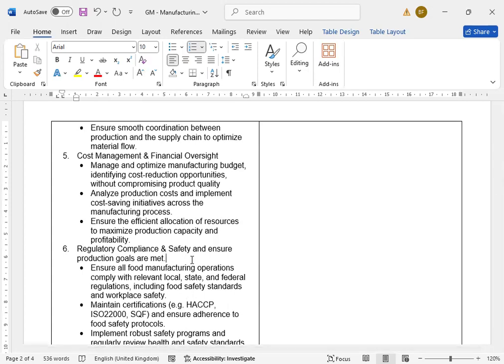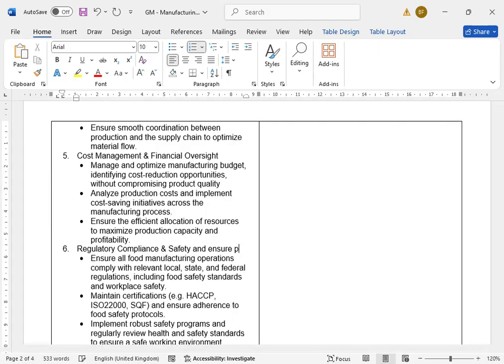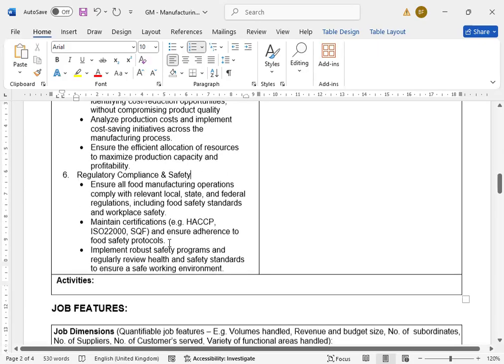I think this is wrong. I don't know why this was okay. Only regulatory compliance and safety. All right.